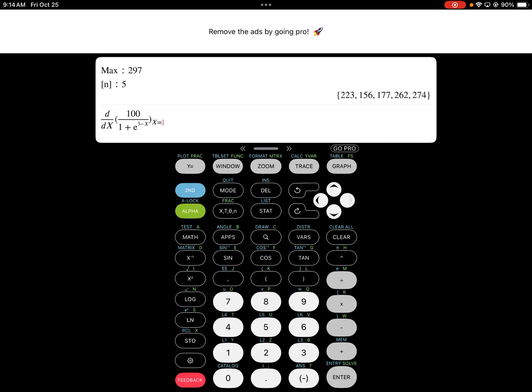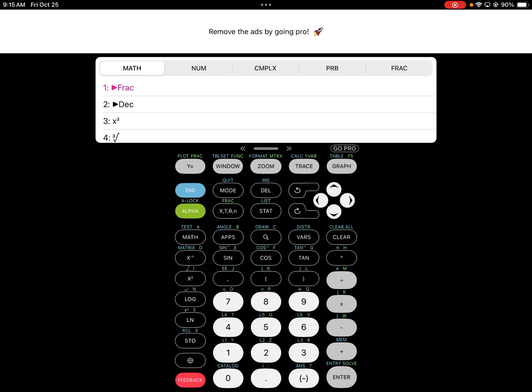We're going to arrow over there for x equal to 3. What did you not like? Oh, I deleted something. Hold on. Math 8. Nope, not that. Clear. Math 8.